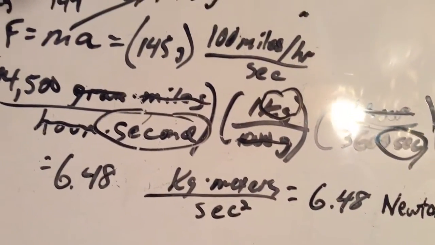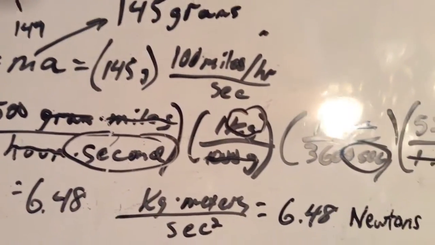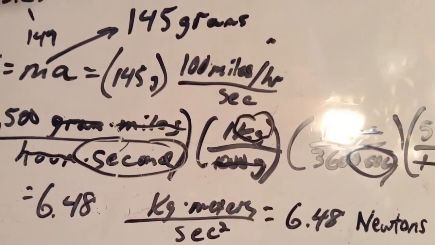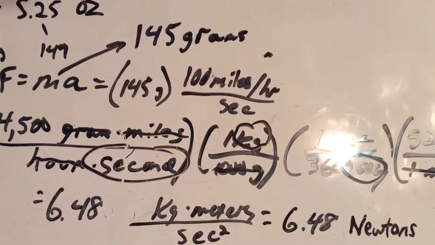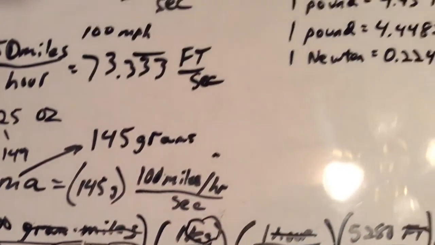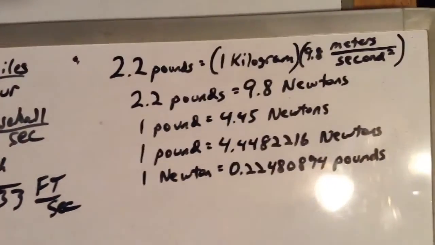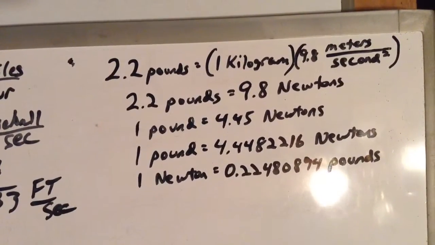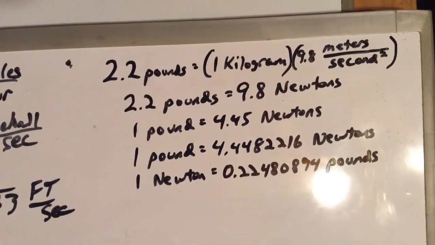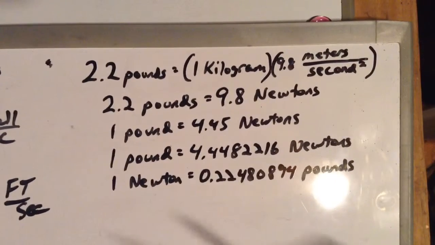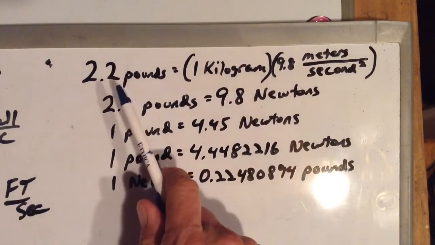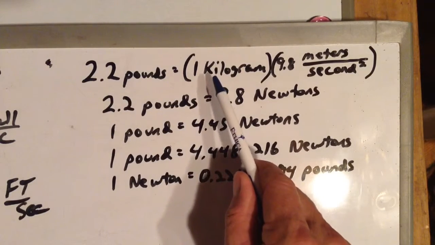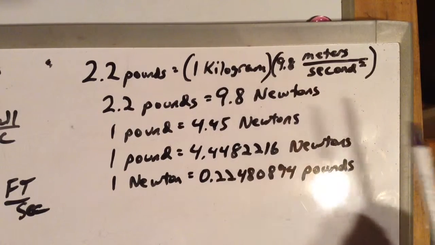This unit of force was named after Sir Isaac Newton. It's equal to a little less than a fourth of a pound. We can figure this out because 2.2 pounds is what 1 kilogram weighs at the Earth's surface.